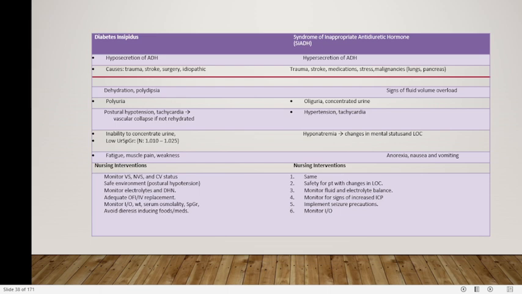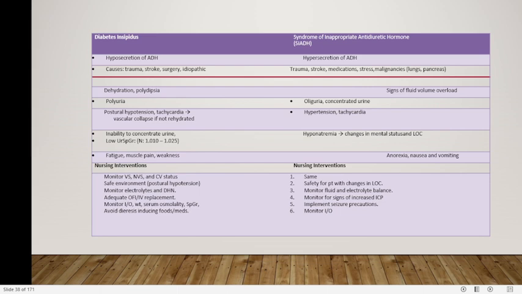So we have diabetes insipidus and syndrome of inappropriate antidiuretic hormone, SIADH. Whereas diabetes insipidus is characterized by hyposecretion of ADH, SIADH is characterized by hypersecretion of antidiuretic hormone.